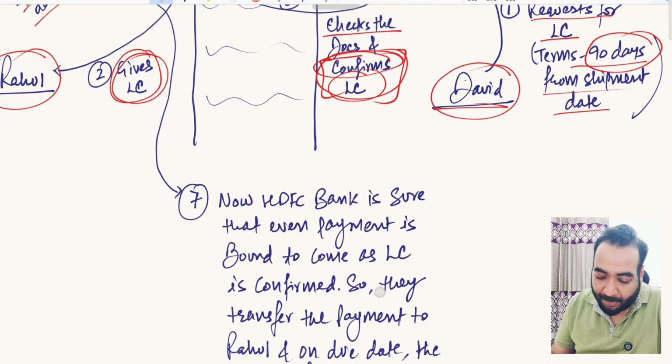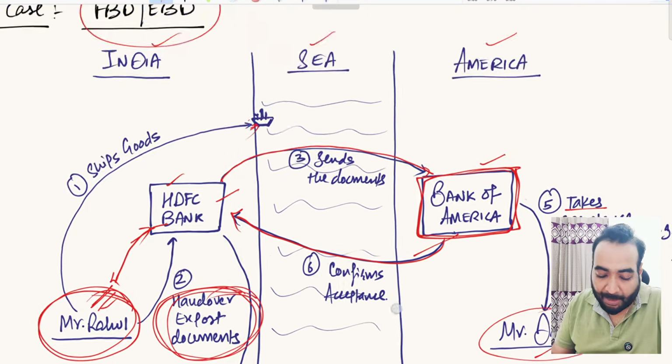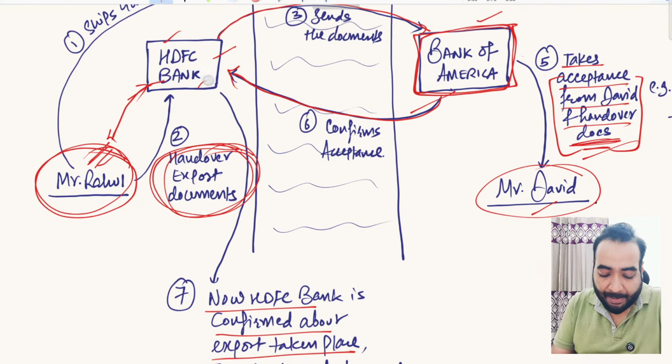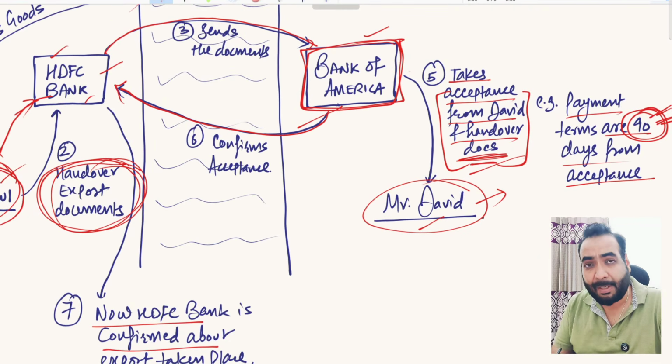Now what will happen? HDFC Bank is now sure that even payment is now bound to come here. In the first scenario, there was a little bit of risk. HDFC Bank had to take a collateral security from Rahul because there is a probability that David will not make payment on due date, right?